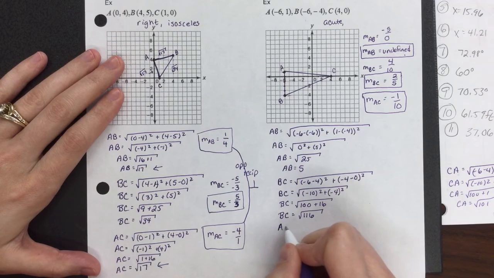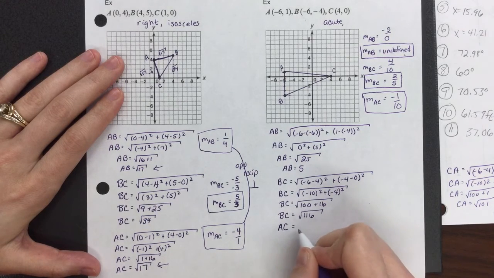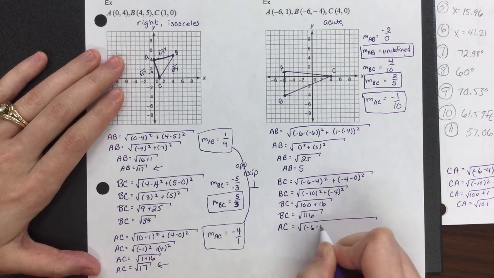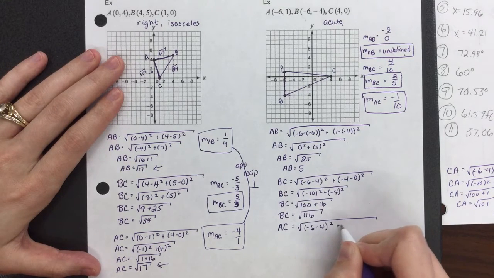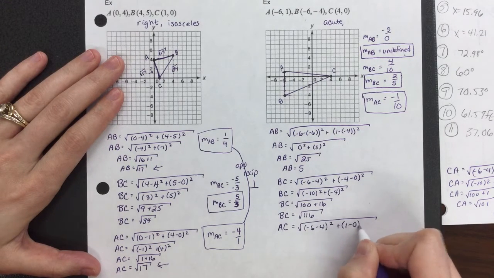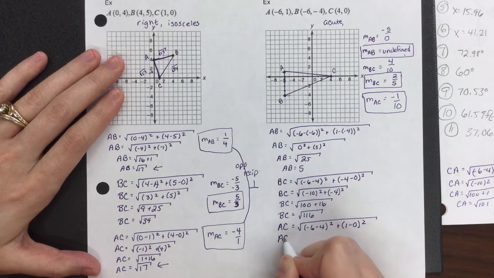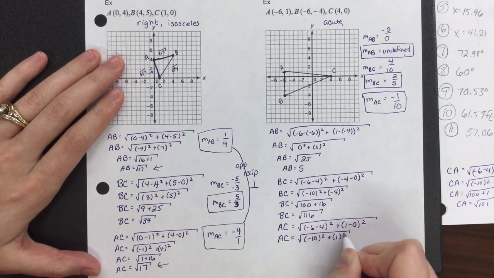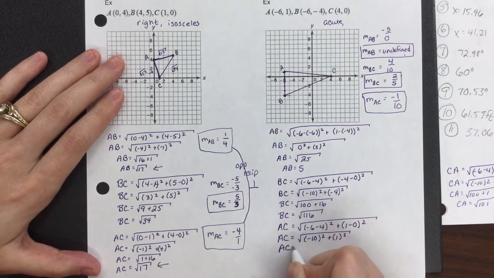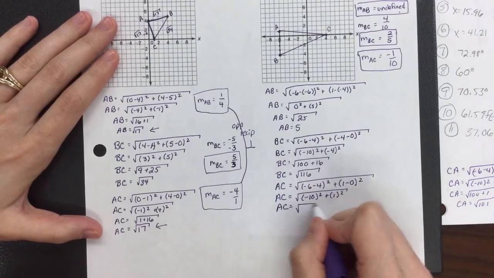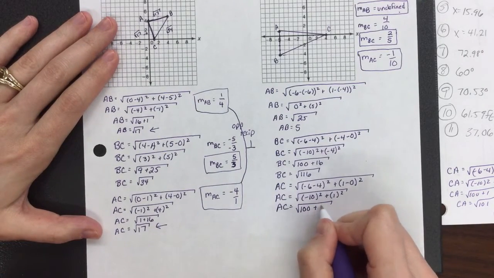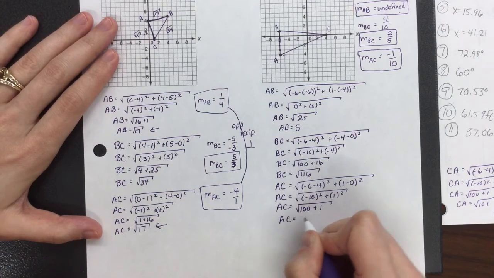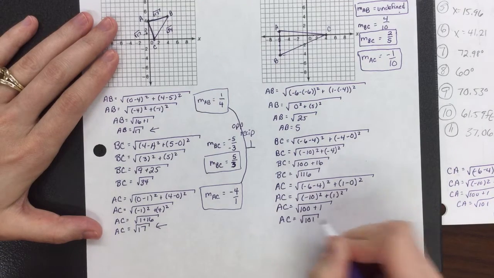And then last we'll do AC. AC is going to be equal to the square root of negative 6 minus 4 squared plus 1 minus 0 squared. So AC is going to be equal to the square root of negative 10 squared plus 1 squared. So AC is going to be equal to the square root of 100 plus 1. So AC is going to be equal to the square root of 101.